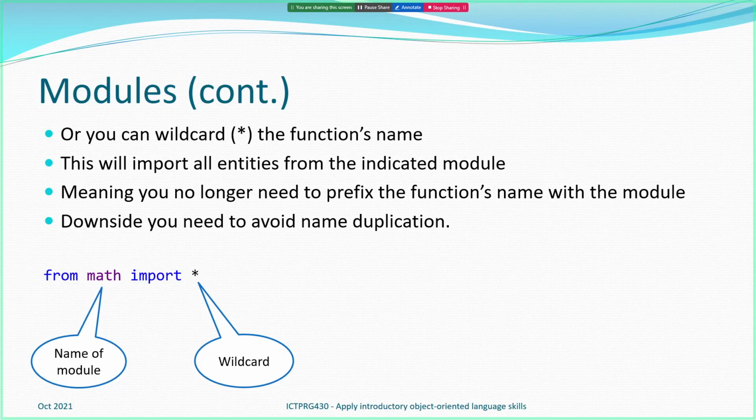If we import all the functions into our program, we've got to make sure we don't have our own functions and the imported functions duplicated in the namespace, because you're basically removing the directory service, if you like, or the uniqueness, by importing all the functions into the main body of your program so that you don't have to call the module.